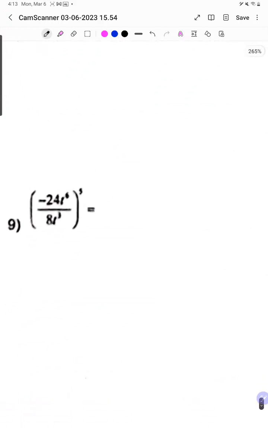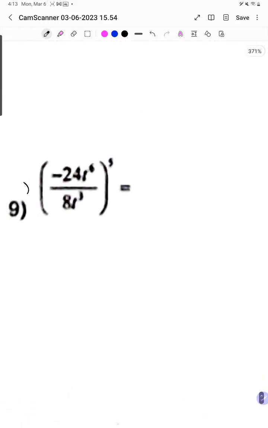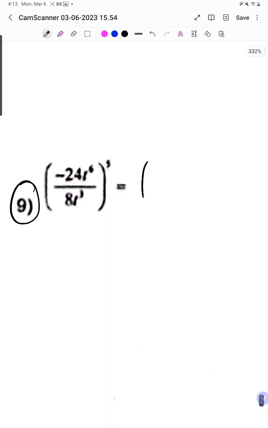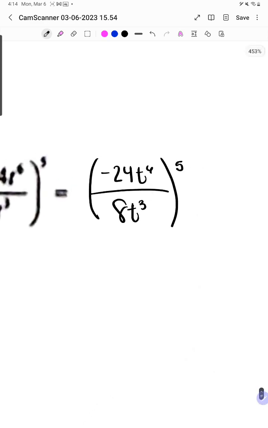All right, last two, number 9. This is going to be rewritten as -24 t to the 6th over 8t cubed, all to the 5th power. So when we do this, we'll do the same thing that we do every time.